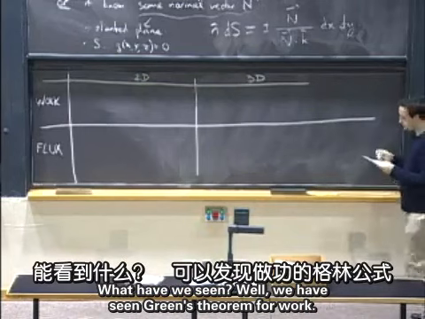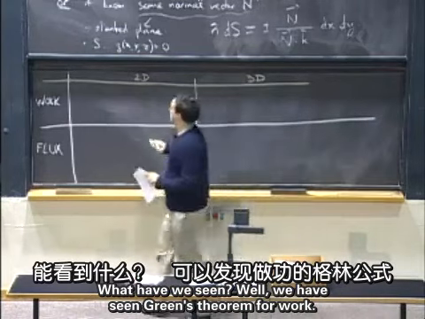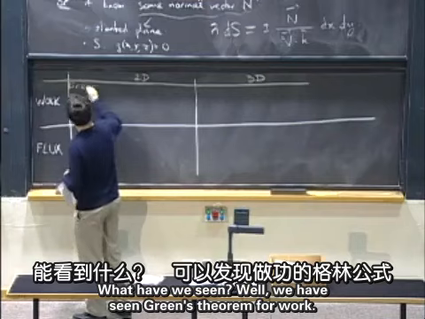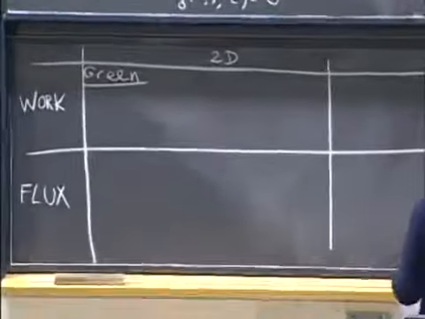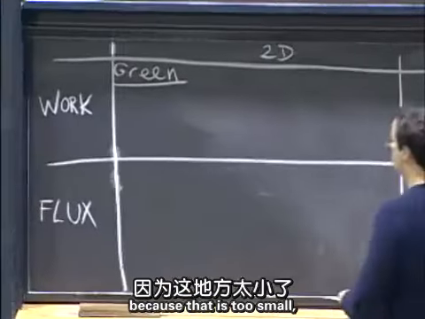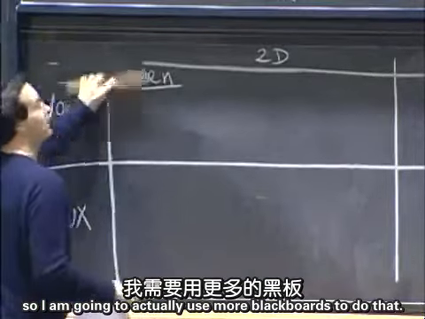Okay, so what have we seen? Well, we've seen Green's theorem for work. Okay, that doesn't work so well because it's too small. So I'm going to actually use more blackboards to do that.